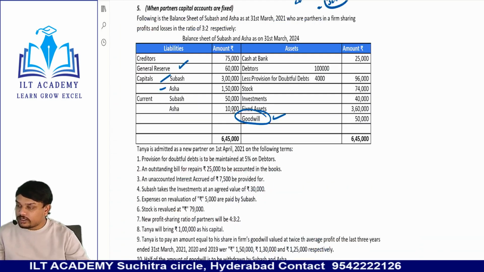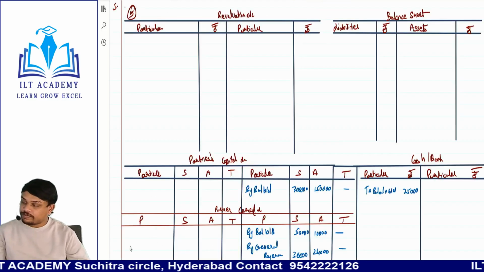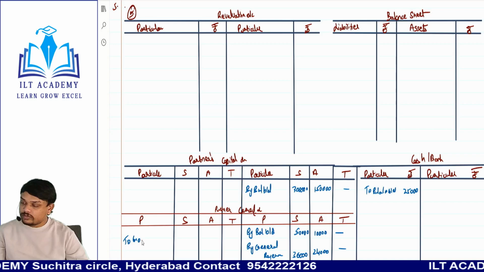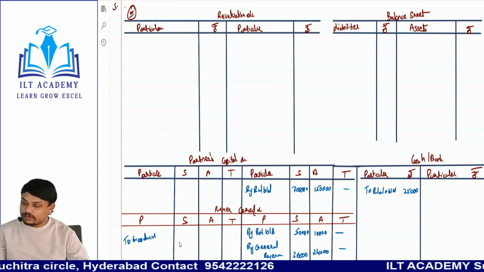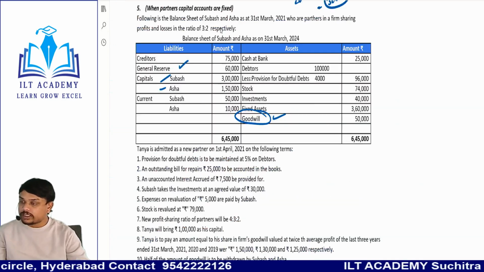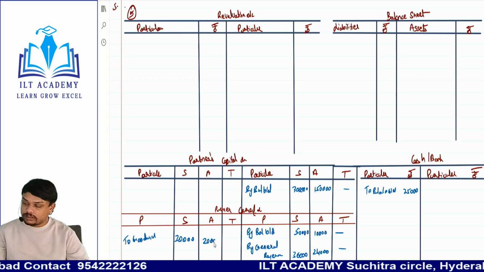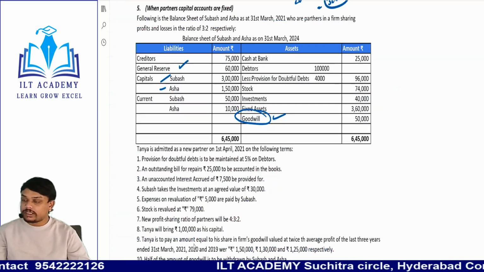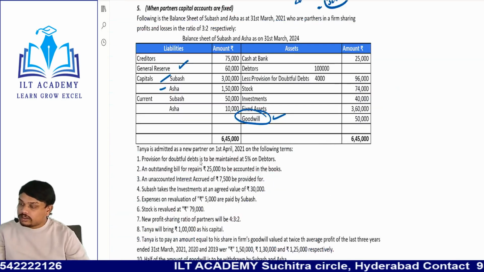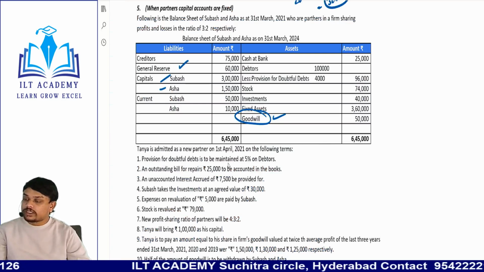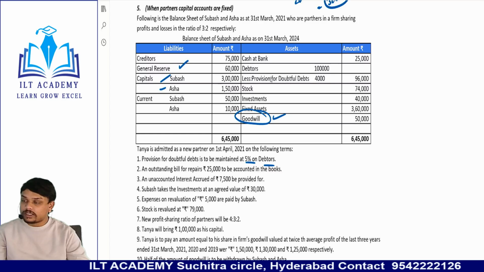Next we are having what? Losses, goodwill 50,000. 50,000 will be distributed in 3:2 ratio. 30,000 and 20,000. Next we are having provision for doubtful debts to be maintained at 5% on debtors.